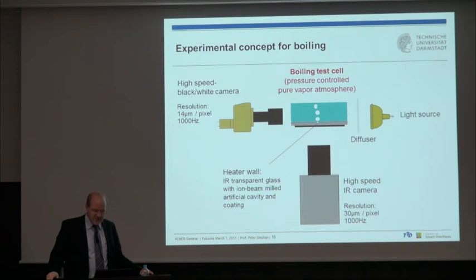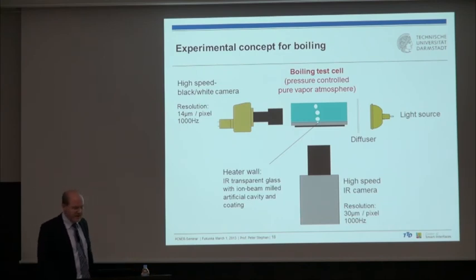The basic concept of an experiment in these two situations looks like the following, and I start with the boiling experiment. So we have a boiling test cell. The test cell is first evacuated and then filled with the fluid. Typically the fluid is also carefully degassed before we fill it into the test cell. The test cell is pressure controlled, and we have a pure vapor atmosphere above the pool of liquid in this test cell.